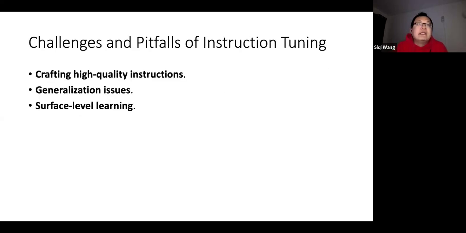So we have seen how instruction tuning works and why it's useful, but like any technique, it's not perfect. There are some significant challenges and pitfalls that come up when tuning large language models to follow instructions. In this section, we will talk about three main challenges: creating high-quality instructions, generalization issues, and surface-level learning.